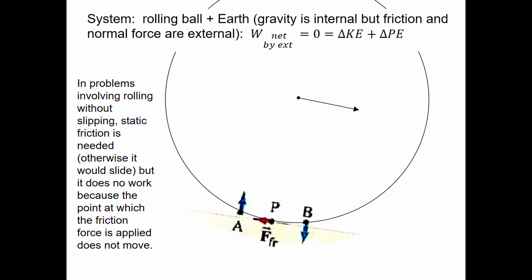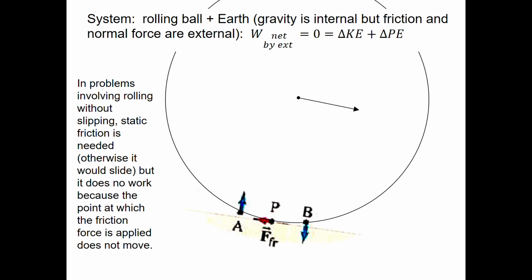So, for example, we can now analyze things like a system. If we've got a ball rolling down an inclined plane, what's causing it to go down the inclined plane? Well, it's the gravitational force, and we can take our system to be the rolling ball plus Earth. We'll take gravity to be an internal force, but let's take the friction and normal forces, which are also both acting on parts of the moving system, as external.